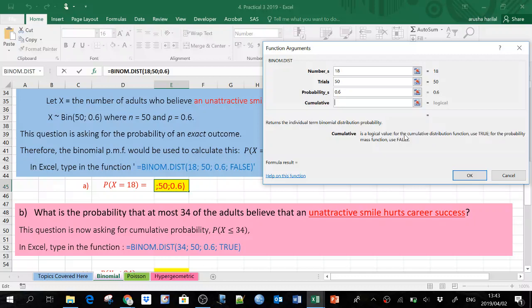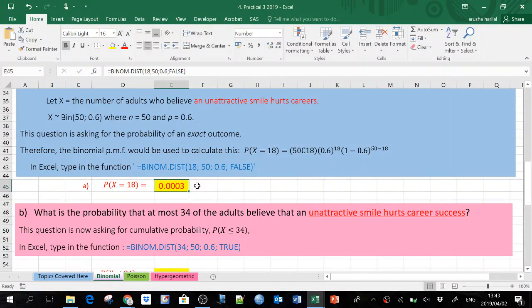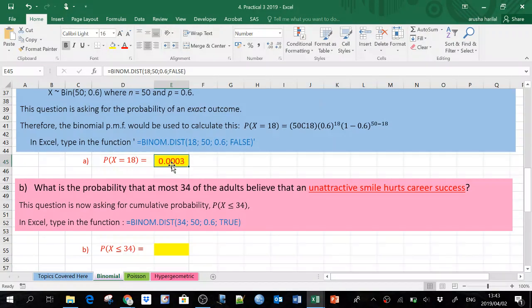And then it tells you, use true if you have cumulative, use false if you have an exact. So ours is clearly an exact probability. We type in false, and that now gives us the probability. Okay, so use insert function, very helpful.